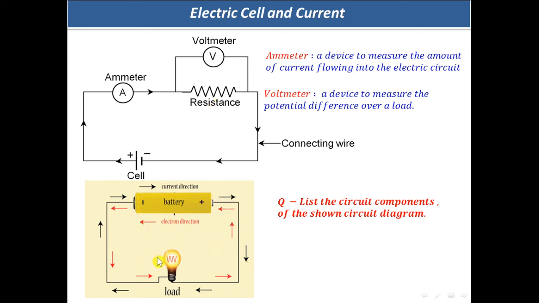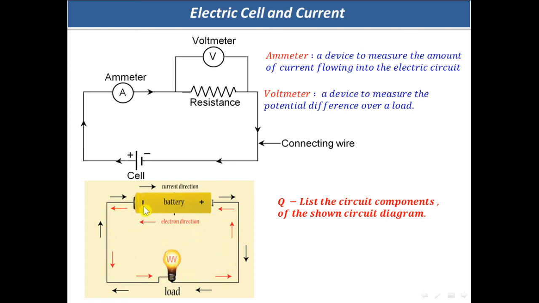This circuit here shows you that from the positive, the red one here, the red one is the electron direction, and the current direction comes from positive. Then this is negative and this is positive. The current direction goes from positive to negative, but the electrons go from negative to positive. Why?